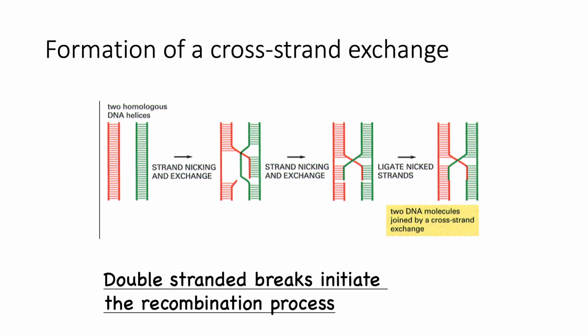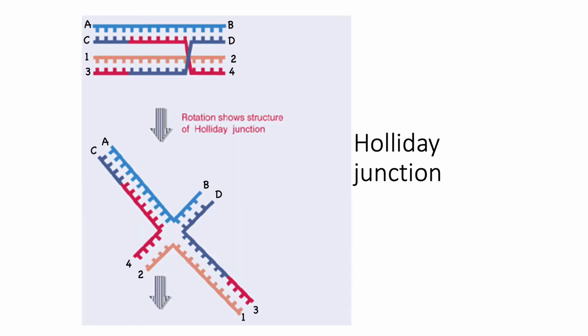Now, single-stranded nicks can initiate this process, but actually double-stranded breaks initiate recombination at about 10 times the rate of single-stranded. So once we have this configuration shown on the right, which is called the Holliday junction, we can depict it in this next picture.